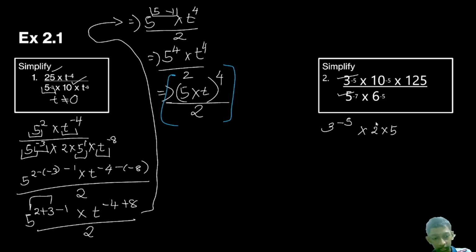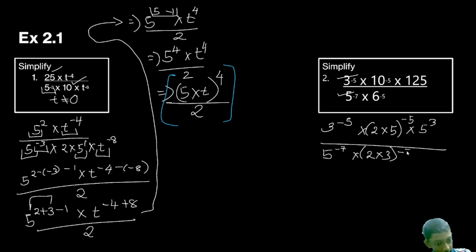Since that is an exponent, let's write them in brackets. Whole raised to the power of minus 5 into 125. 125 can be written as 5 raised to the power of 3, divided by 5 raised to the power of minus 7 into 2 into 3 is 6, whole raised to the power of minus 5.